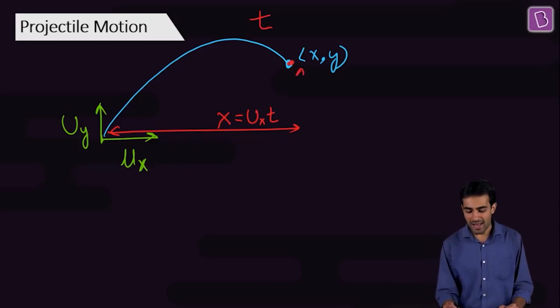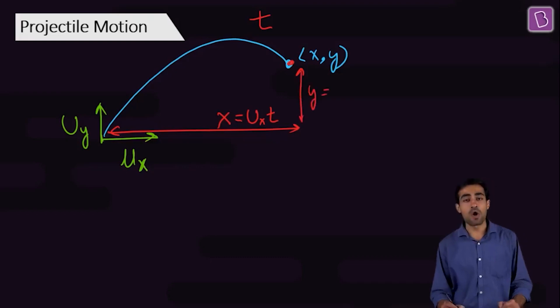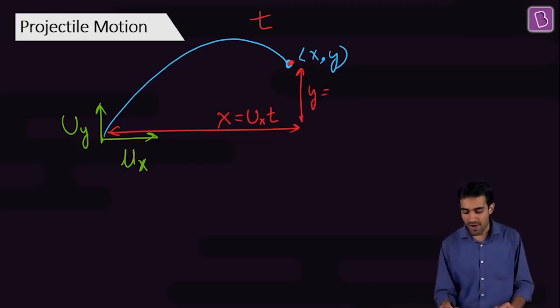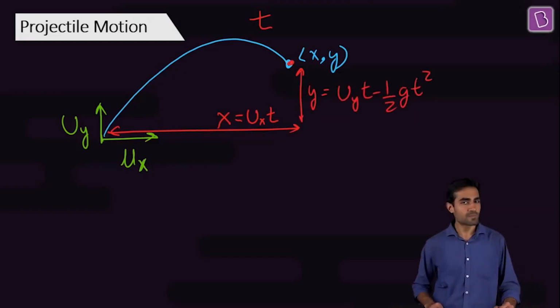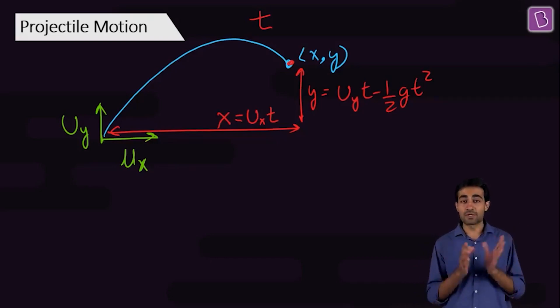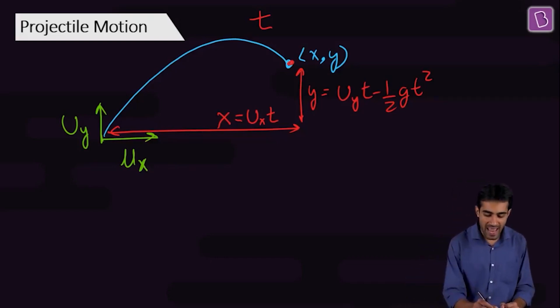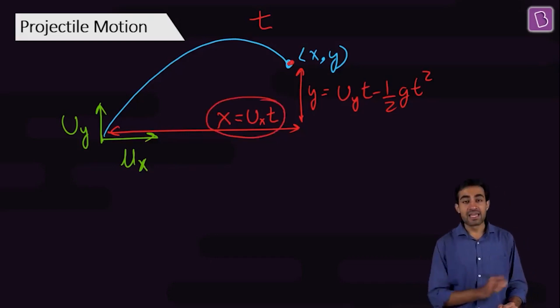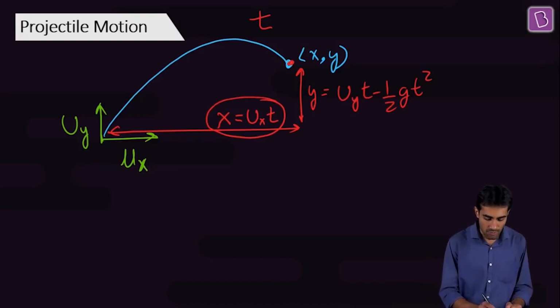And we can also calculate what is y. y is equal to uy t minus half g t square. That's how we calculate the coordinates, but only the x component of the displacement is needed to solve our question. So let's go back to our question.